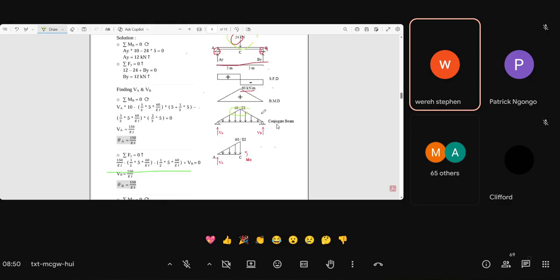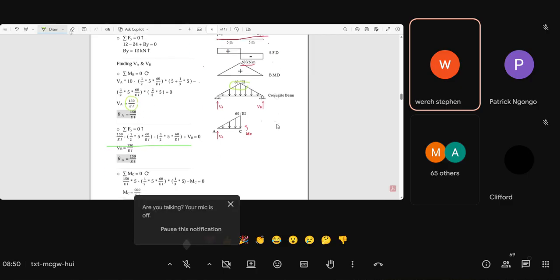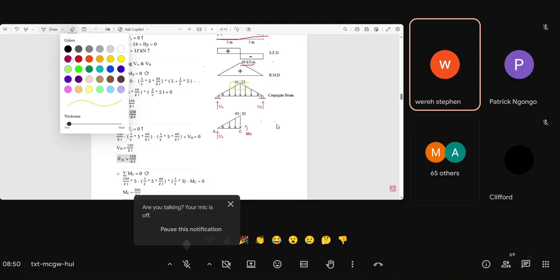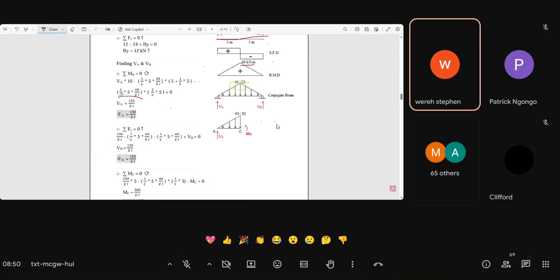So up to there, is anybody who has a question up to there? So once we find the reaction at A and the reaction at B, in this case, reaction at A is 150 over EI. Also, the reaction at B is still 150 over EI, yeah? Because the beam is symmetrical, so we expect VA and VB to be the same.